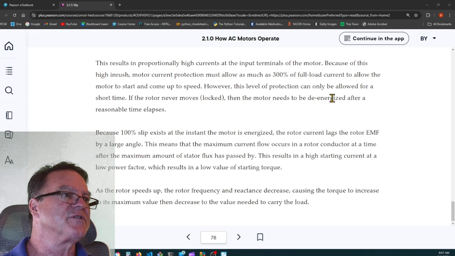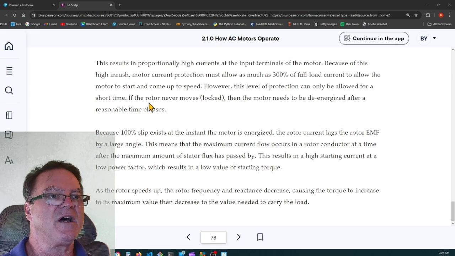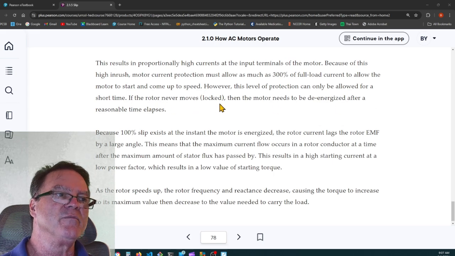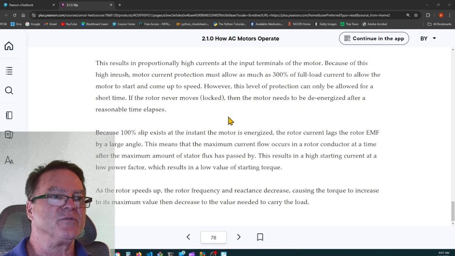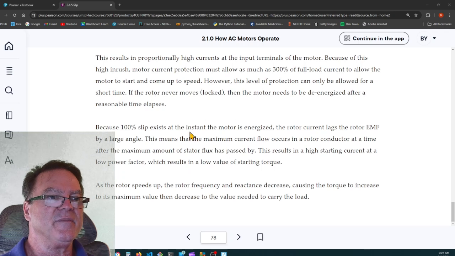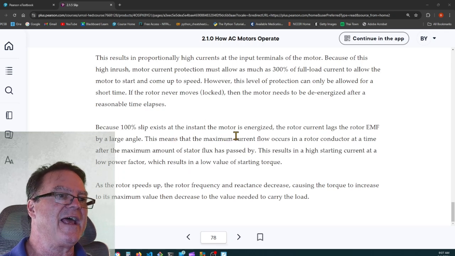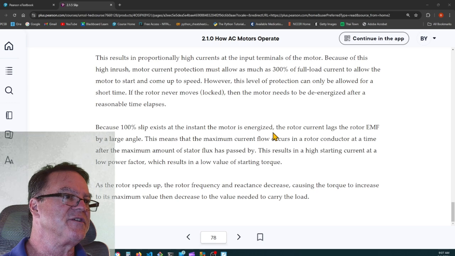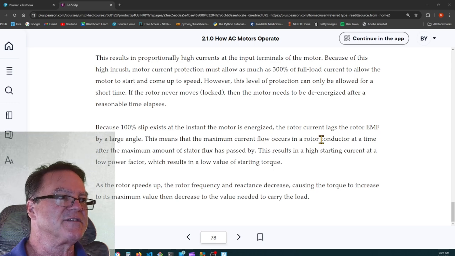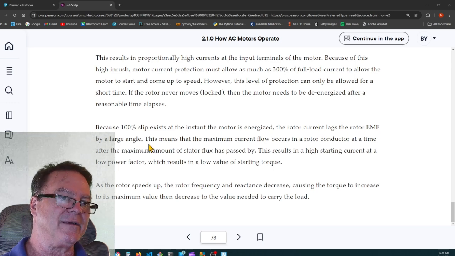However, this level of protection can only be allowed for a short time. If the rotor never moves, then the motor needs to be de-energized after a reasonable time has elapsed. Because 100% slip exists at the instant that the motor is energized, the rotor current lags the rotor EMF by a large angle.